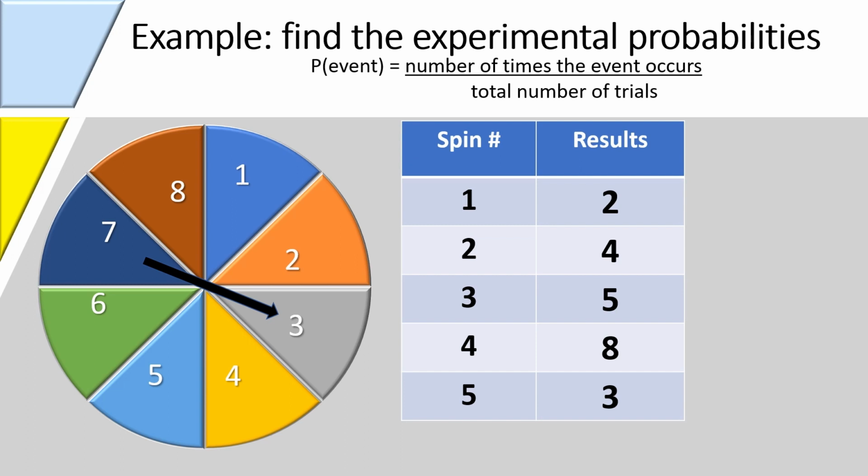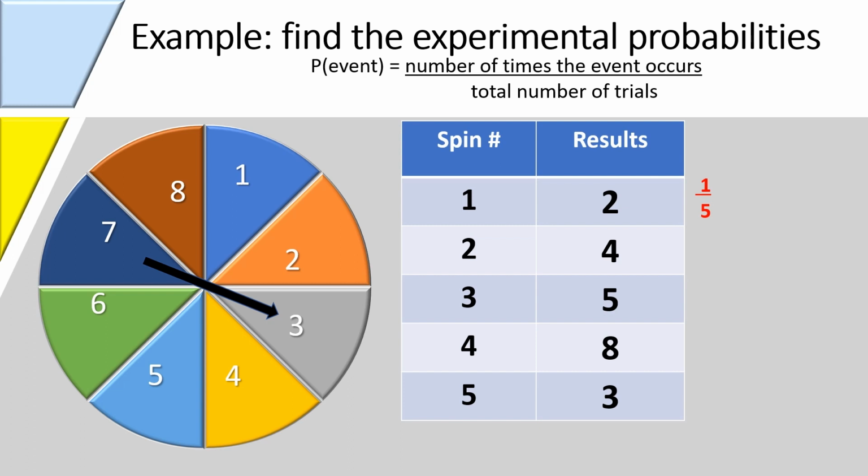The number of times I decided to spin this arrow, this dial, was totally up to me. I could have gone on and done 5 more, 10 more, 15 more. So I don't want you to think that 5 is the max number you can have when you're working a problem like this. It can be a very large number. It could have been just 2 spins.